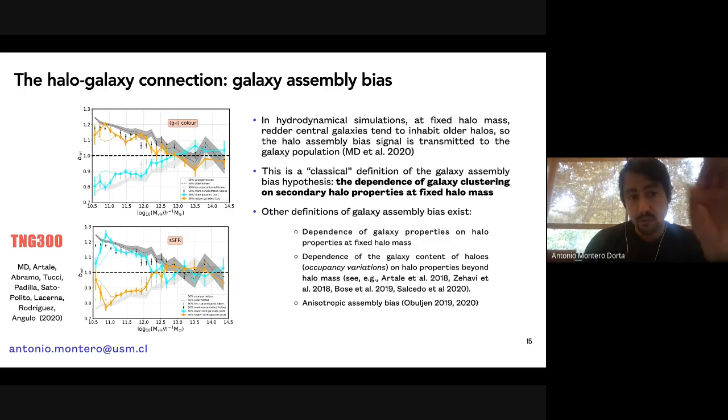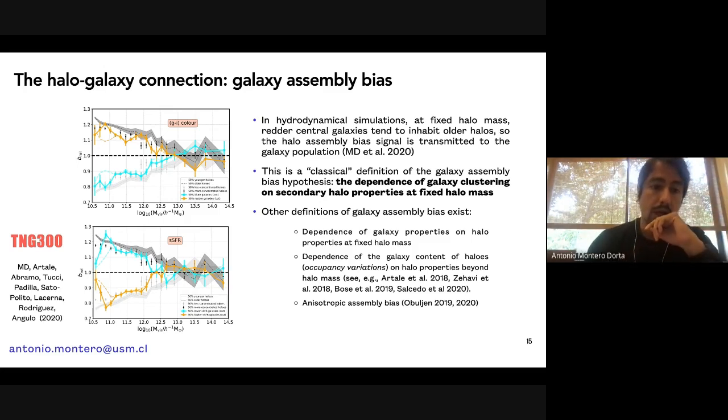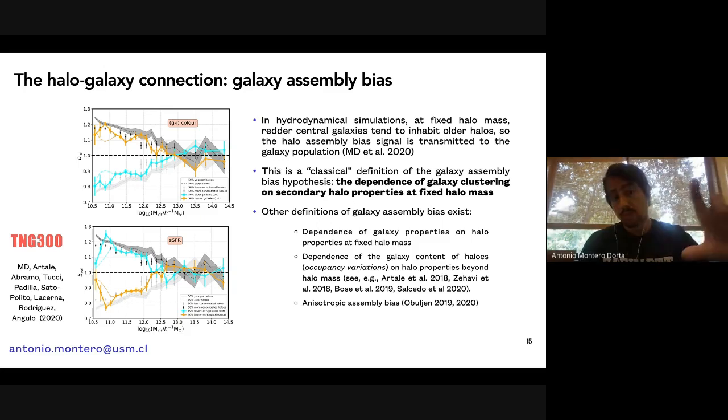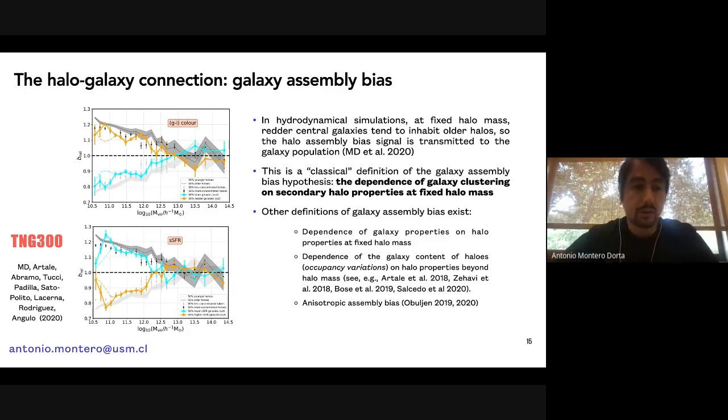Again, this is the relative bias, and I'm splitting the galaxy population by color and by star formation rate. The brighter colors here, the orange and cyan, are the result of this splitting in galaxy properties. And in the background, you see the assembly bias trend that coincides very well with the galaxy trend.